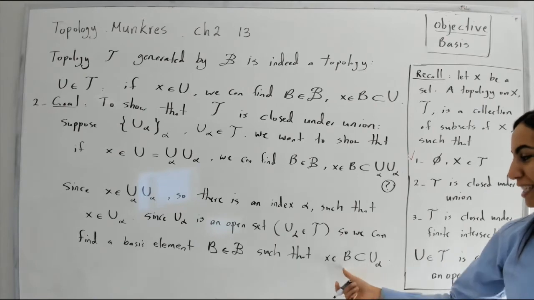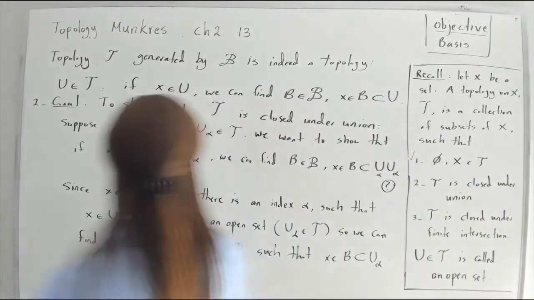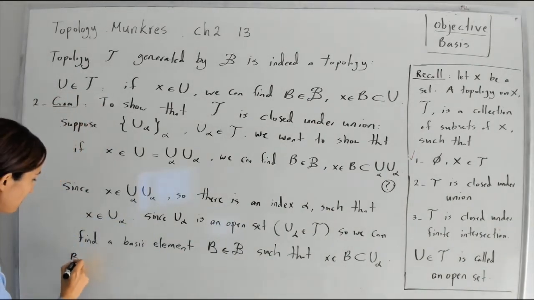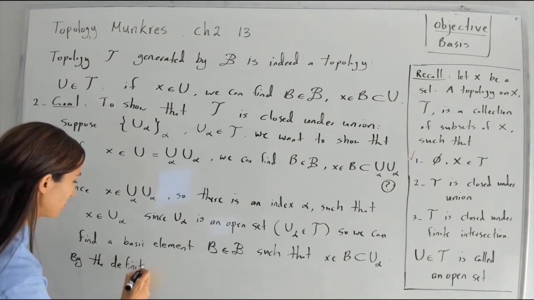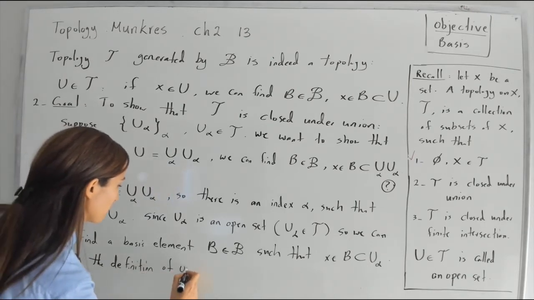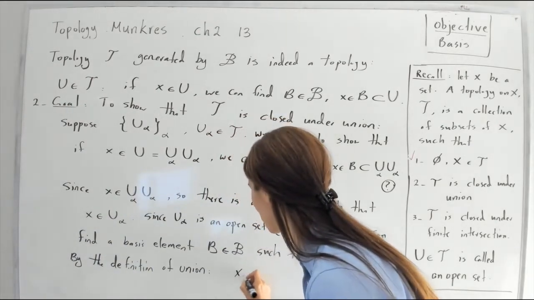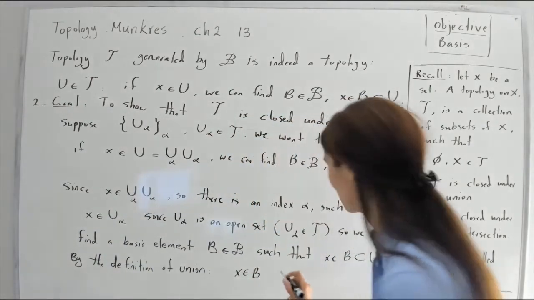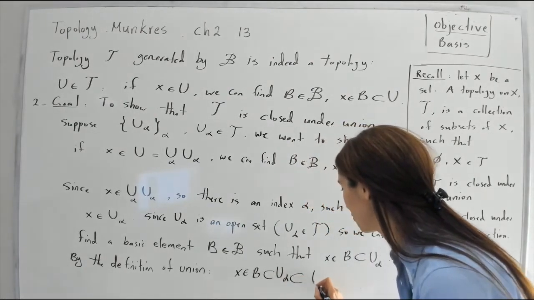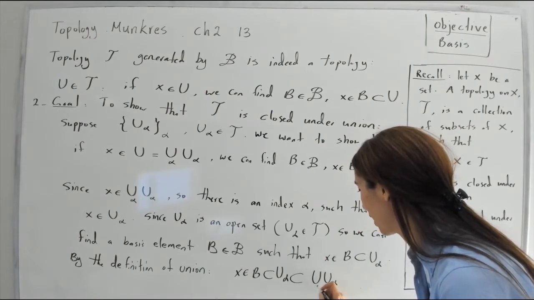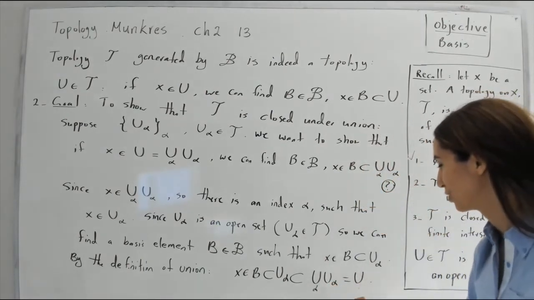It means that B is a subset of the union as well. By the definition of union, X belongs to B, B is a subset of U sub alpha, which is a subset of the union of U sub alphas, which is nothing but U. So it is true.